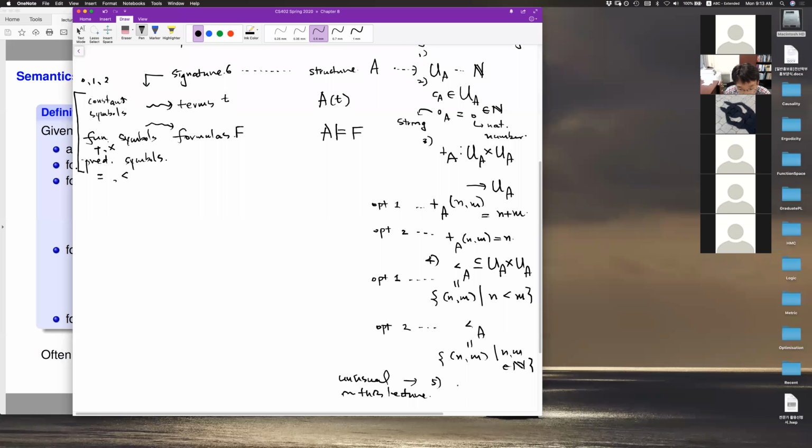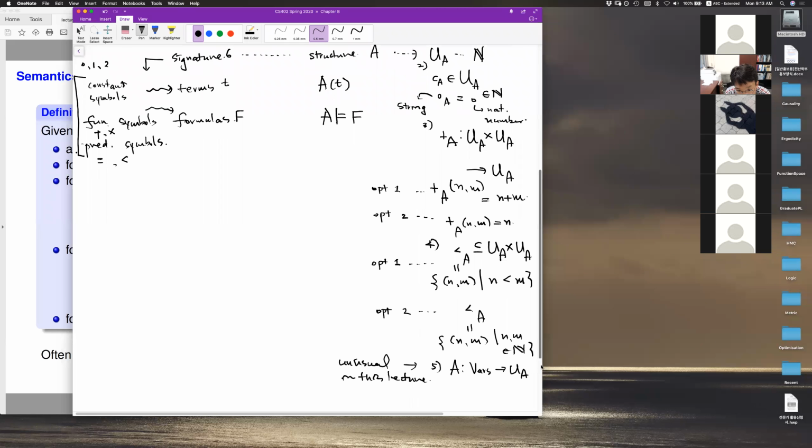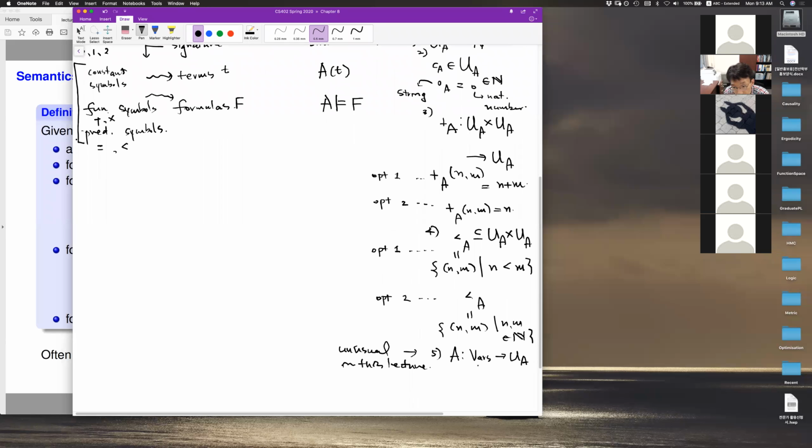You will have some mapping, which he just writes as A. It maps all the variables to the underlying universe of A, so for a variable x, A(x) is going to be an element in A.